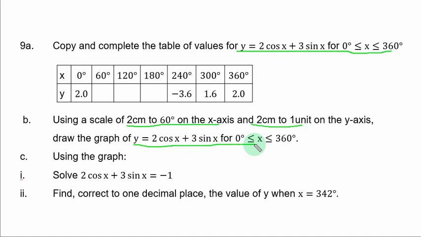C part of the question, use the graph to solve: one, 2 cos s plus 3 sin s equals minus 1. Two, find correct to 1 decimal place the value of y when s is 342 degrees.